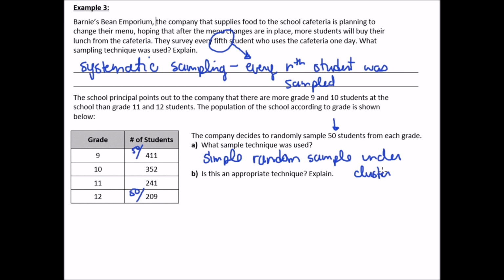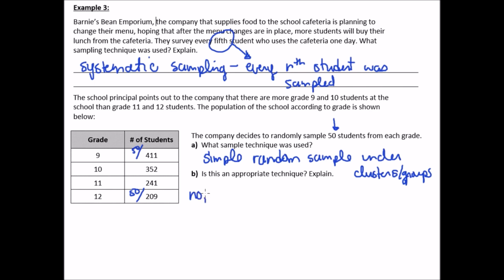So they're not actually clustering under clusters or groups. Okay, so first they would divide it into groups and then they would just randomly choose 50 students from each group. I wouldn't say that this is cluster sample, because in a cluster sample, remember, every single student in that group must be surveyed. Okay, is this an appropriate technique?